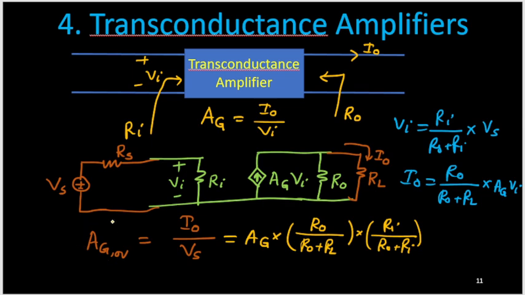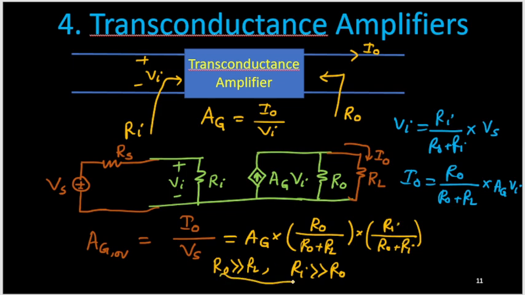To get the maximum gain, we should make both quantities very large, close to 1. This is possible if R naught is very high compared to RL, so RL is negligibly small and it gives 1. Similarly, Ri is made very large compared to Rs, and then this quantity is also close to 1.